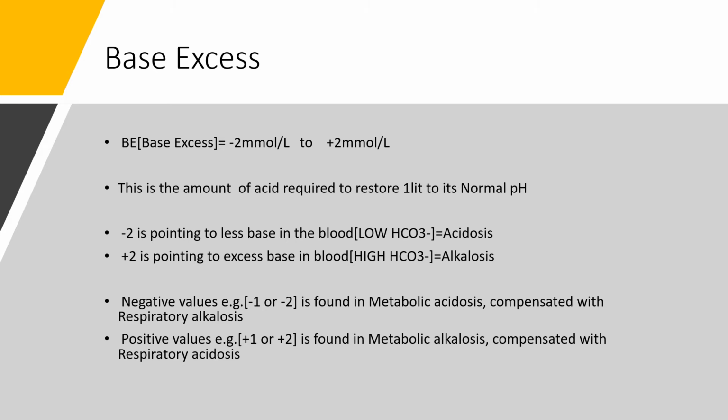Plus 2 is pointing to excess base in the blood, meaning a high level of bicarbonate, and we are heading to metabolic alkalosis. Negative values, for example minus 2 or minus 1, could be found in metabolic acidosis compensated with respiratory alkalosis. Positive values, for example plus 2 or plus 1, are found in metabolic alkalosis compensated with respiratory acidosis.